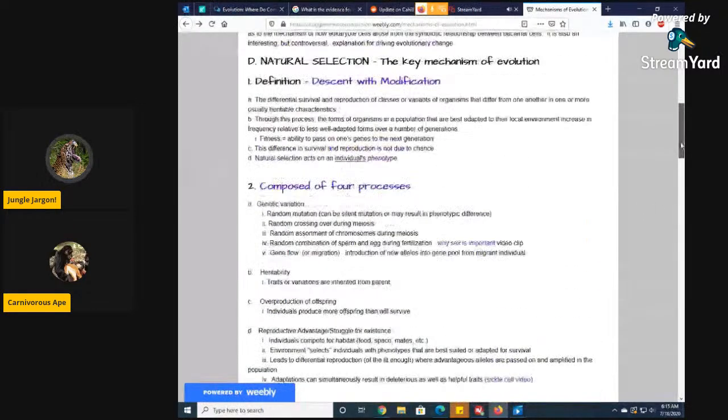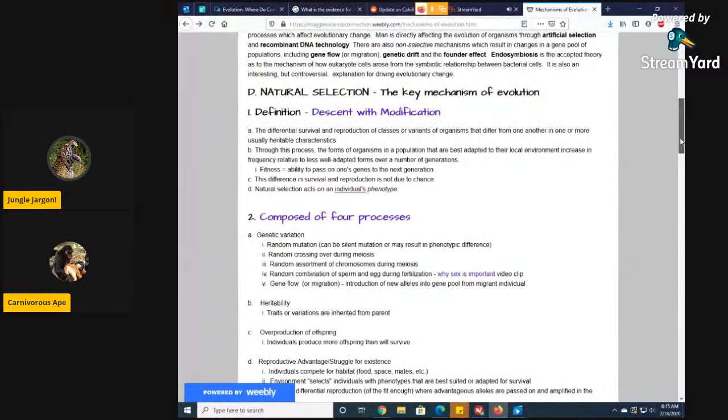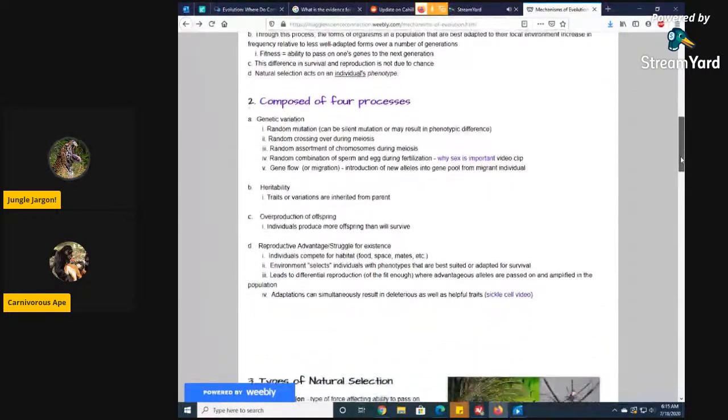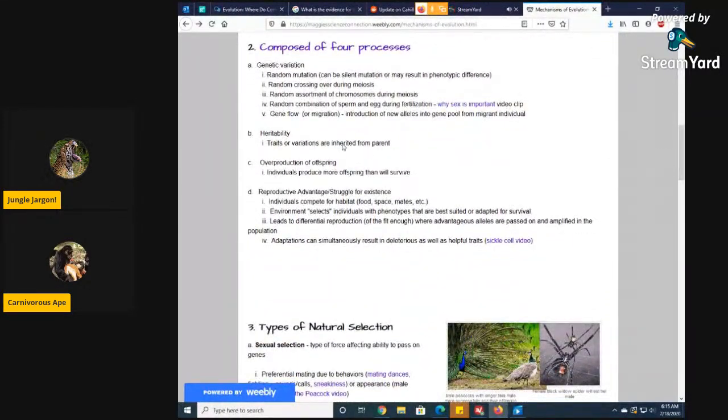Composed of four processes. Okay, we got natural selection, definition, descent with modification, composed of four processes. One, genetic variation, random mutation can be silent mutation or may result in phenotypic difference. Random crossing over during meiosis. Okay, random assortment of chromosomes during meiosis.